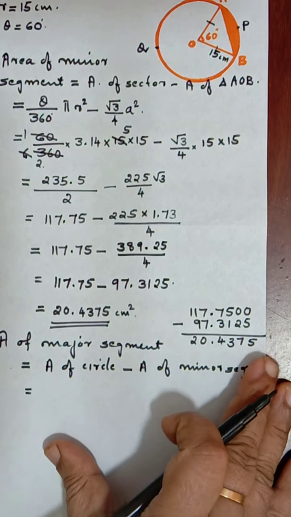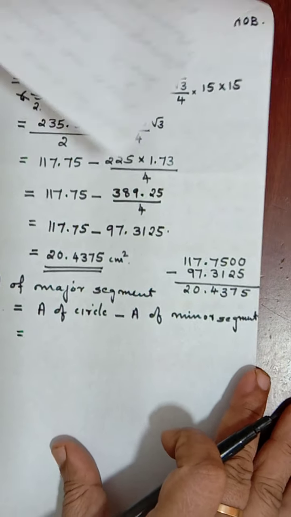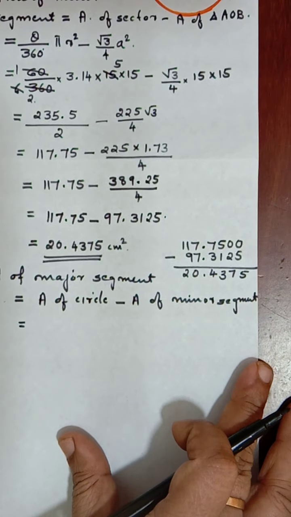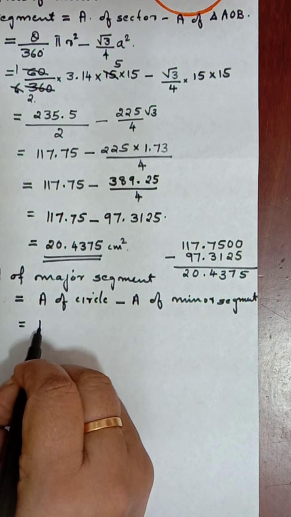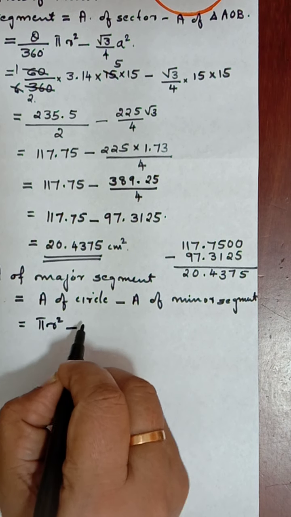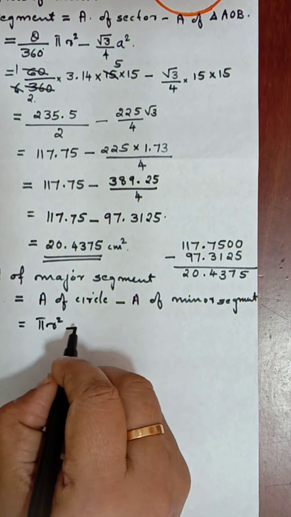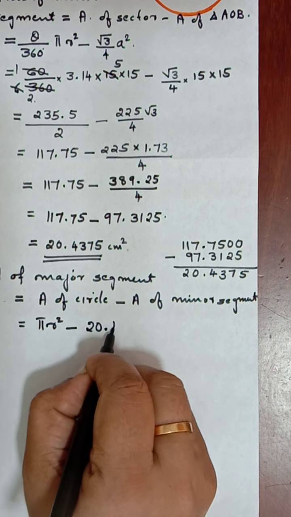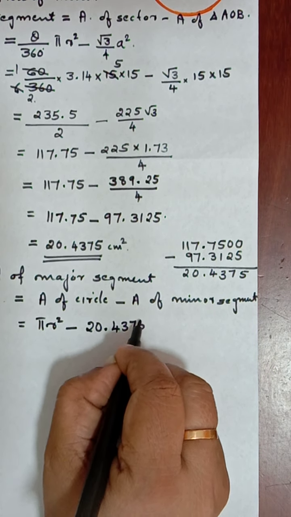What is area of the circle? Substitute in the formula, area of circle is pi r square minus area of minor segment, 20.4375.